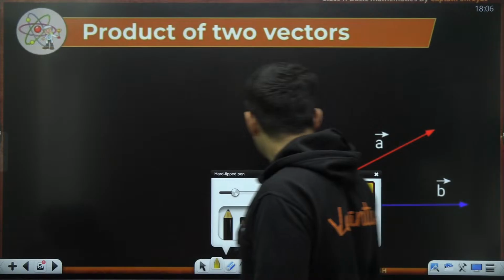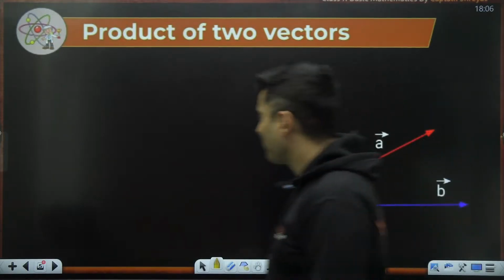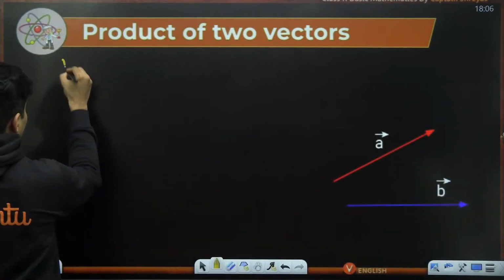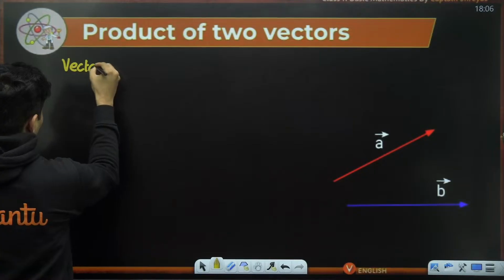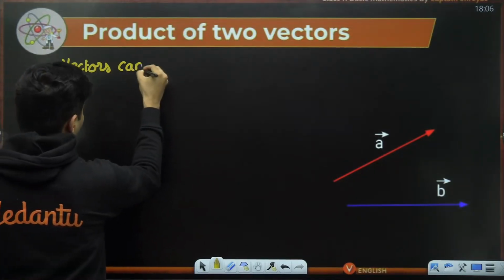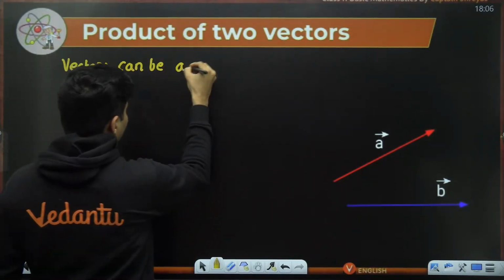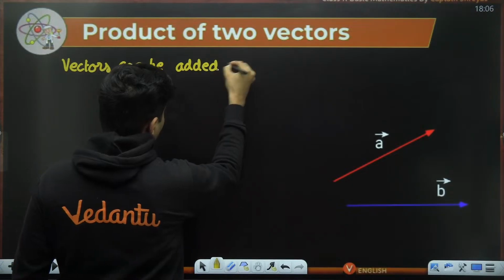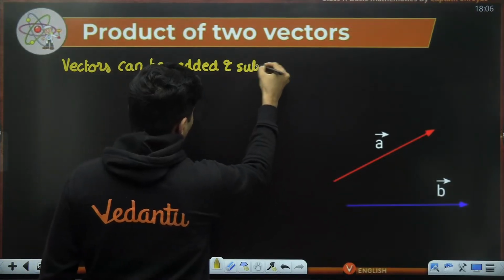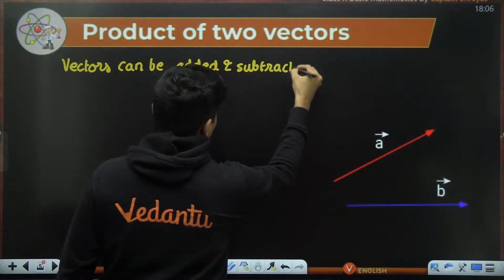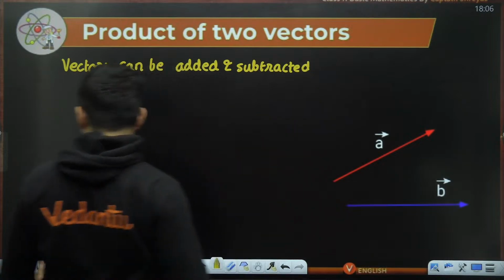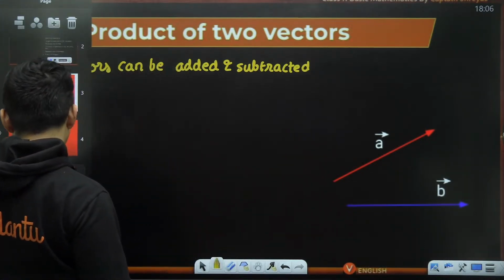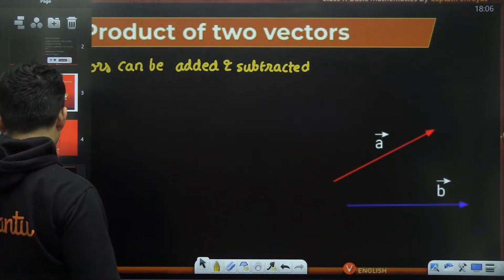Now, we have already seen that vectors can be added and subtracted.